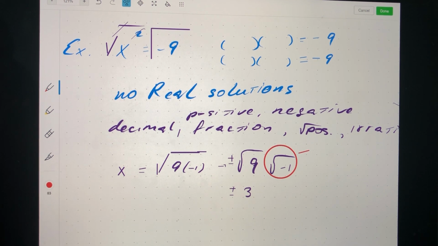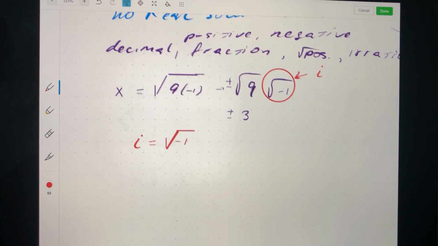And that is what's called an imaginary number, or i for short. So we define i to be the square root of negative 1. By definition, we agree that i is the square root of negative 1.